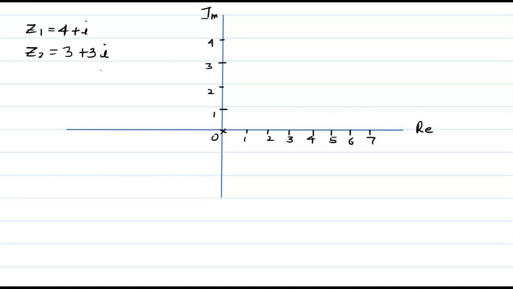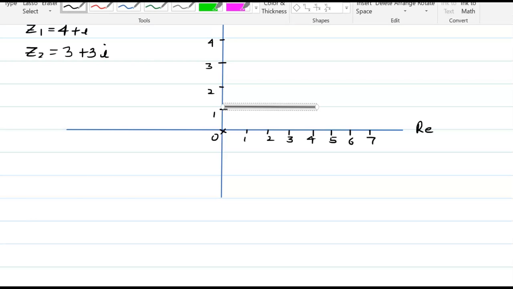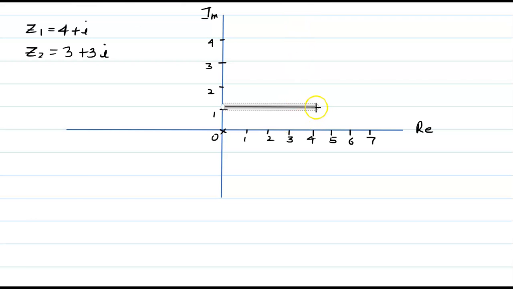So our point will be this one, 4 plus i. You can draw the dotted line if you want.